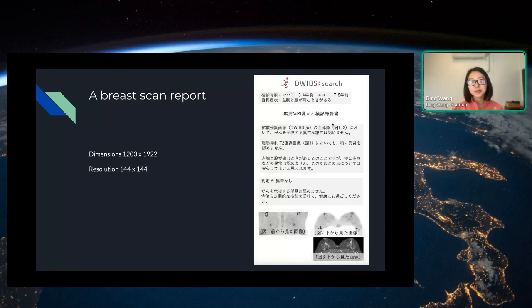For those who don't know Japanese, it's okay. On top you see the title of the report, and the main body basically tells you the result of this breast scan, and then on the bottom you have three images, and each has an image title.